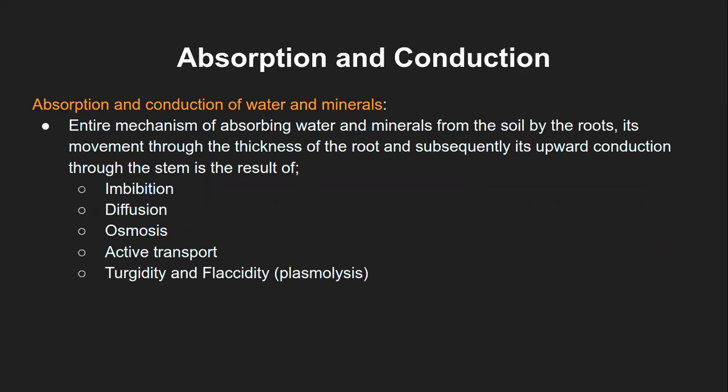Could you just repeat the cell sap explanation? So cell sap is nothing but, let's say you have a cell, within the cell you have cytoplasm, and within the cytoplasmic space you have a vacuole structure in the plant cell, and that vacuole can also store certain water as well as minerals, correct?